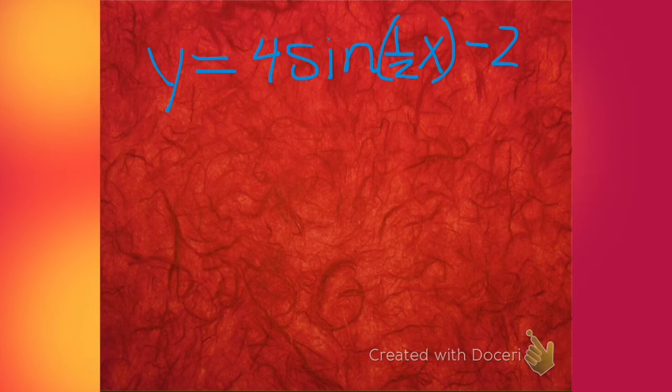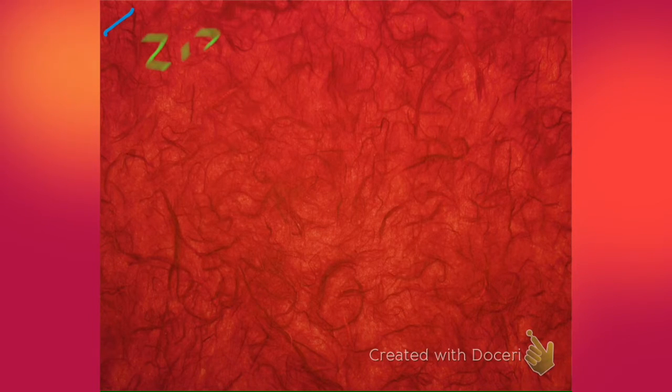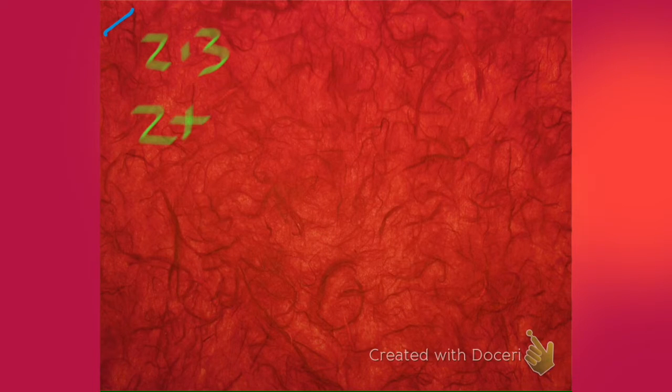Is the sine all by itself? Because we need to isolate it. No, it's not. You've got to undo friends before you undo more than friends. What am I talking about? 2 times 3 and 2 plus 3.